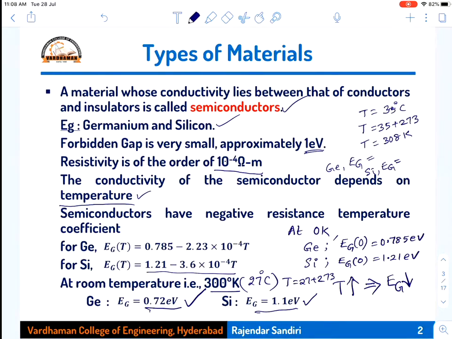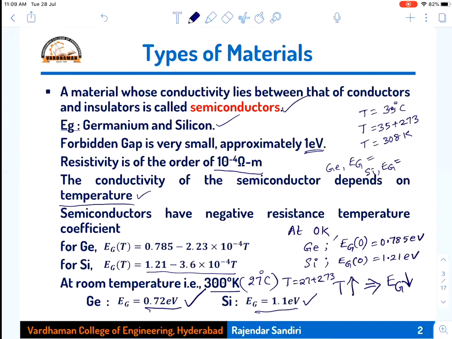The formula is available. T is equal to 308, and you have to substitute. See, for 0 Kelvin it is 0.785. For 300 Kelvin it is 0.72. It has decreased. As temperature increases, it should decrease. So how will it be at 308? It should be less than 0.72, right?